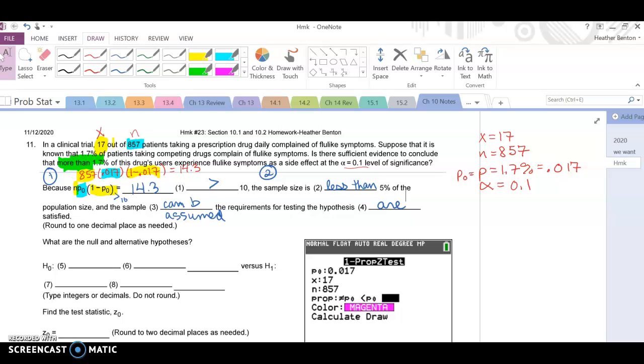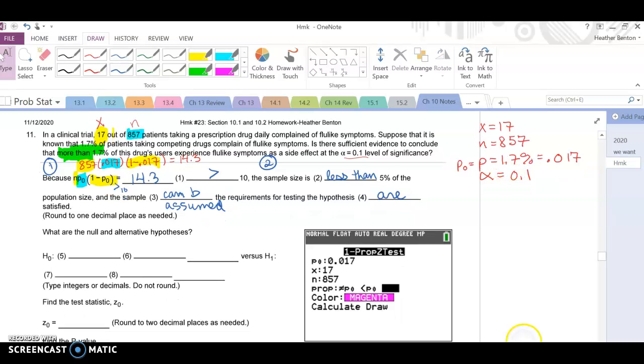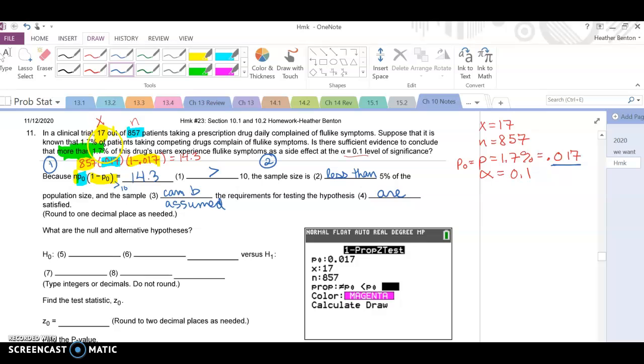All right, what about our null and our alternative hypothesis? So we know our P naught, and what we're interested in is this more than 1.7%. So here we have H0: P naught is, always, your null is always equal to the 0.017.